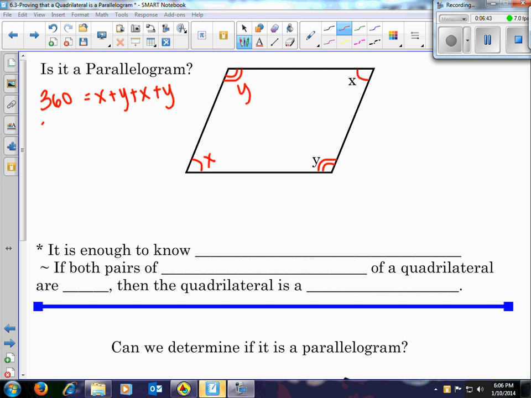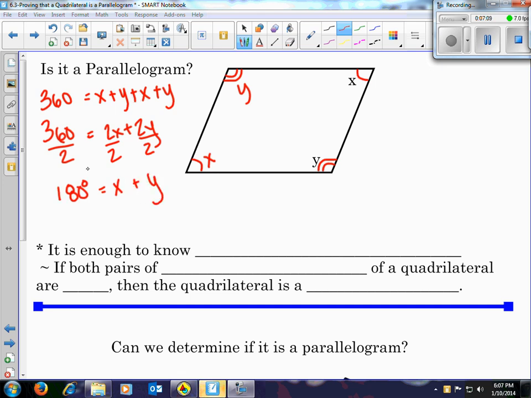So now I have 360 equals 2x plus 2y. Now I'm going to divide everything by 2. So I have 360 divided by 2, which is 180 degrees, is equal to 2 divided by 2 is 1, so we have x plus y.